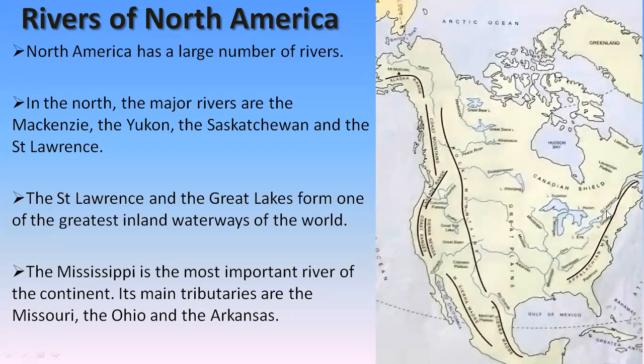Apart from this, you will find the St. Lawrence on the eastern side of this continent. This river, along with these five lakes you can see over here, Superior, Huron, Michigan, Erie, Ontario, these five lakes altogether are called the Great Lakes.